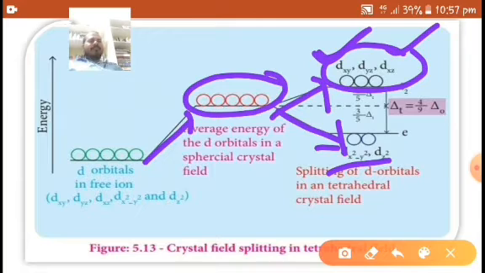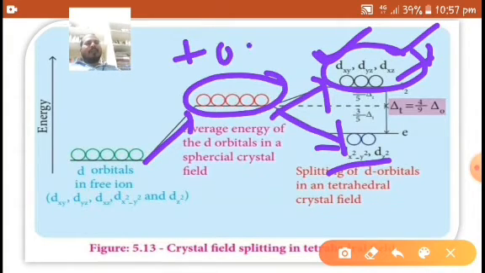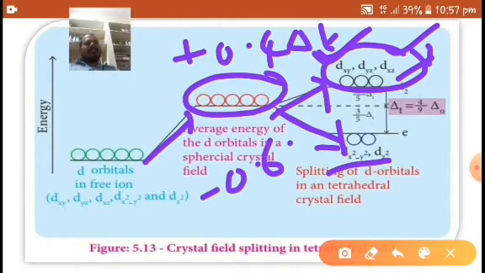So here the T2g orbital energy will be increased by plus 0.4 delta T. T indicates tetrahedral. The energy of E orbitals will be decreased by minus 0.6 delta T, right?